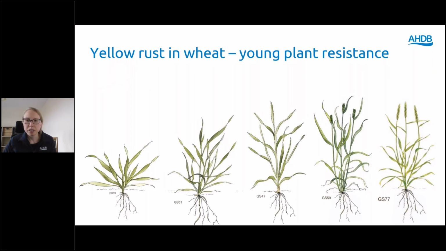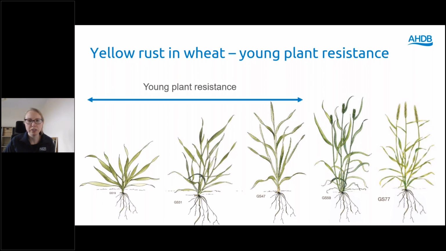So previous speakers have already mentioned this, but resistance to yellow rust in wheat operates differently at different growth stages. There's the young plant or seedling resistance and the adult resistance, which kicks in by growth stage 55. And sometimes a variety is susceptible at the young plant stage, but resistant at the adult plant stage.